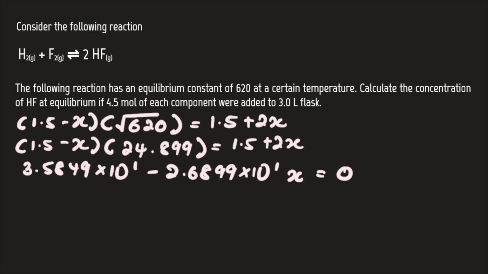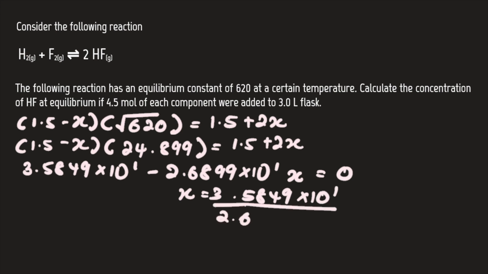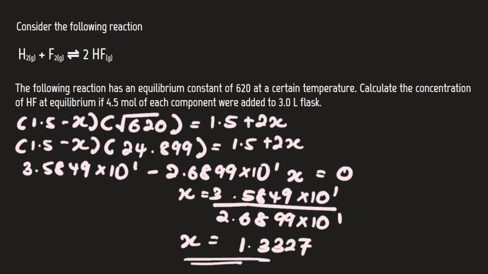So you will get your x is actually equivalent to 3.5849 times 10 to the power of 1 divided by 2.6899 times 10 to the power of 1. Hence, your x is actually equivalent to 1.3327. So this is your x.